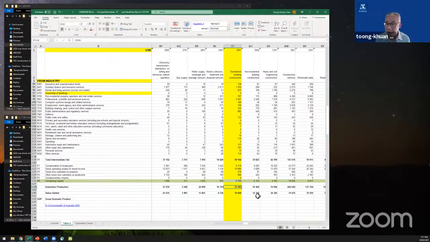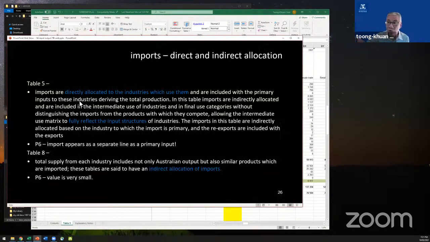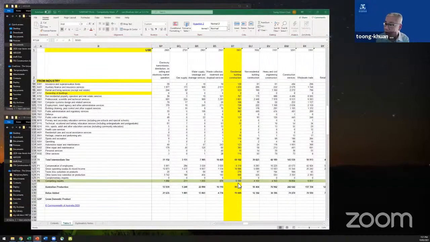So table 5 is what we call a direct allocation. My apologies, it is directly allocated to the sector that uses. So on P6, import appears as a separate line as a primary input. And that tells us exactly what is the value of all total inputs into the residential construction.